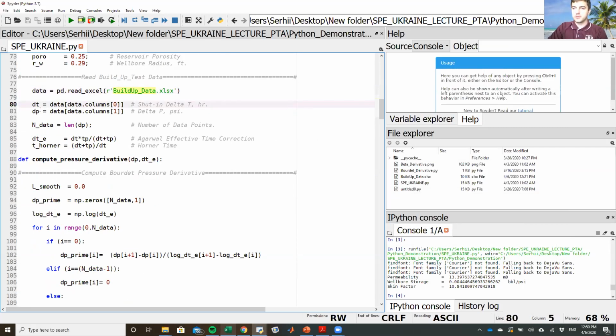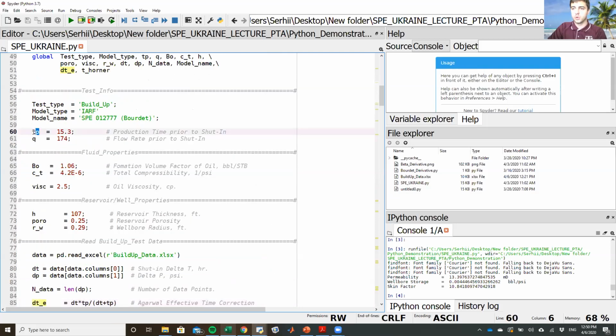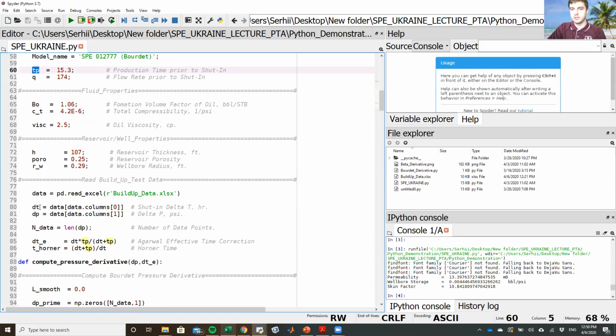We have to extract the appropriate data from our Excel tables to our delta T and delta P arrays. Later we have to do some sort of time corrections, because the production time that we have here is quite small. So we have to account for that. We cannot just use our delta T right away.